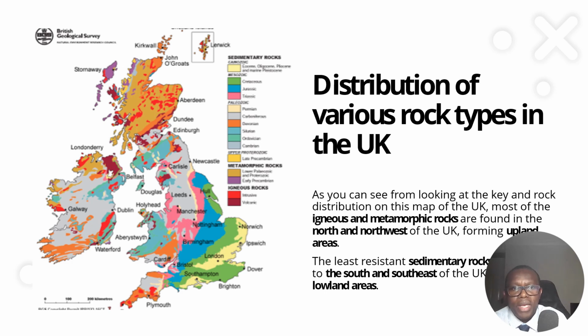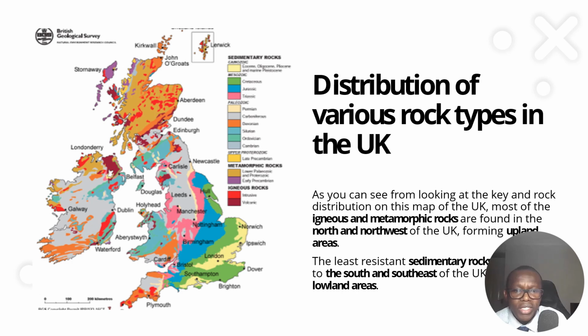This map here shows the distribution of different rock types across the UK. As you can see from the map, in this area to the south and southeast of the UK, we mostly have sedimentary rock.